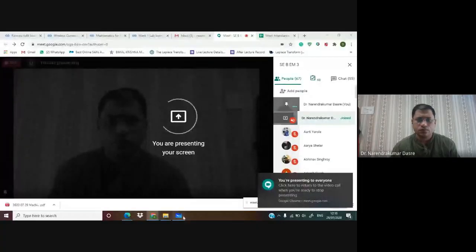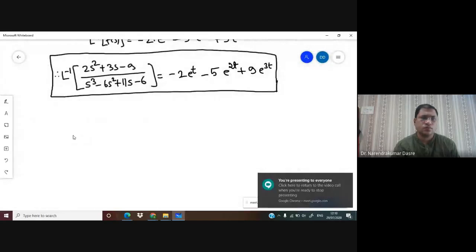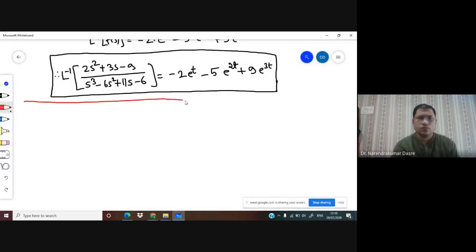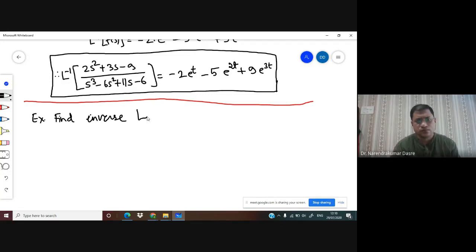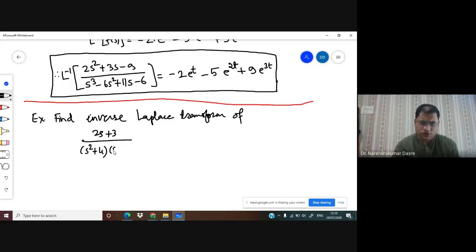Okay. So let's have another example. We can have: find the inverse Laplace transform of 2s plus 3 upon s square plus 4 and s minus 2.